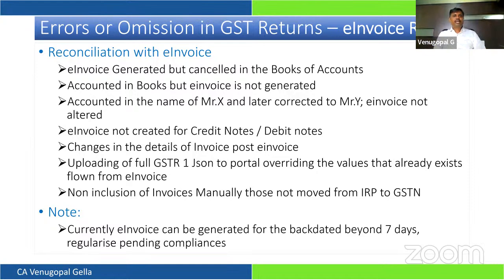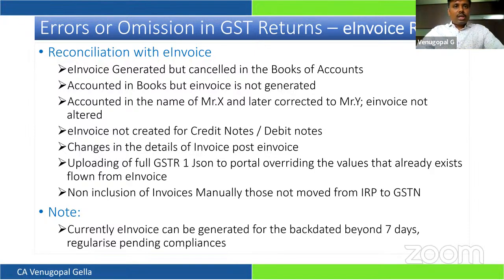Typically, if you see, the entire e-invoice is going to be the complete suite of your GSTR1. After e-invoice, all that you need to do is enter your B2C, which is the consolidated value, or the exempted value, or the advances, and leaving that, the entire GSTR1 is complete.